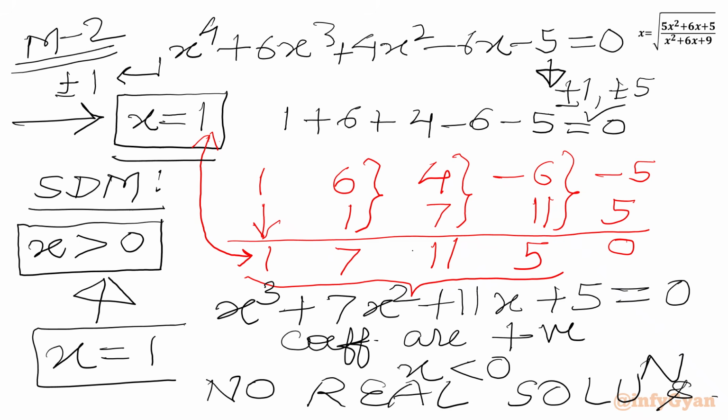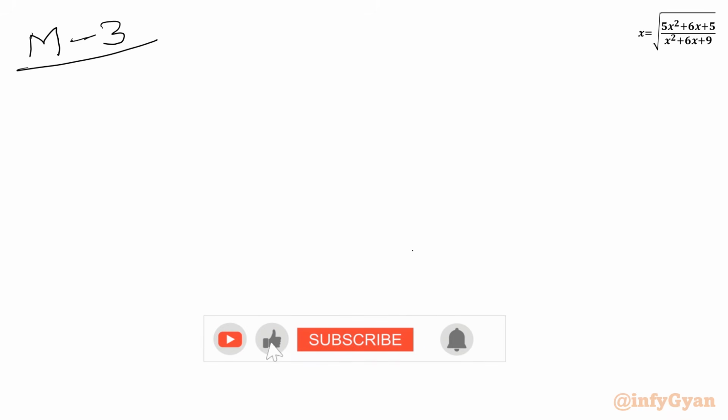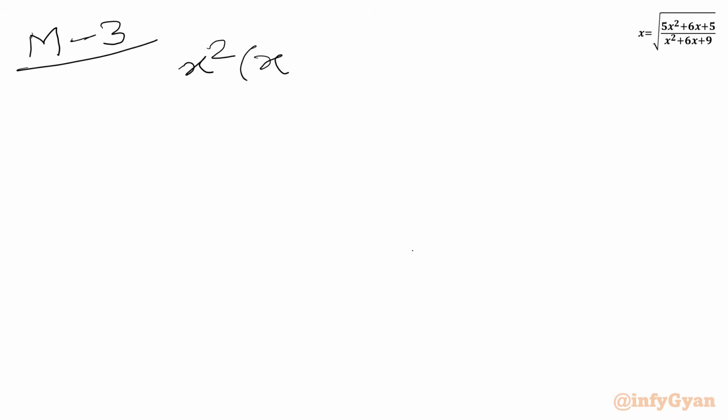Now we will take up method number 3. Let me write here M3. In this method, I will write our equation x square times (x plus 3) whole square equal to 5x square plus 6x plus 5.